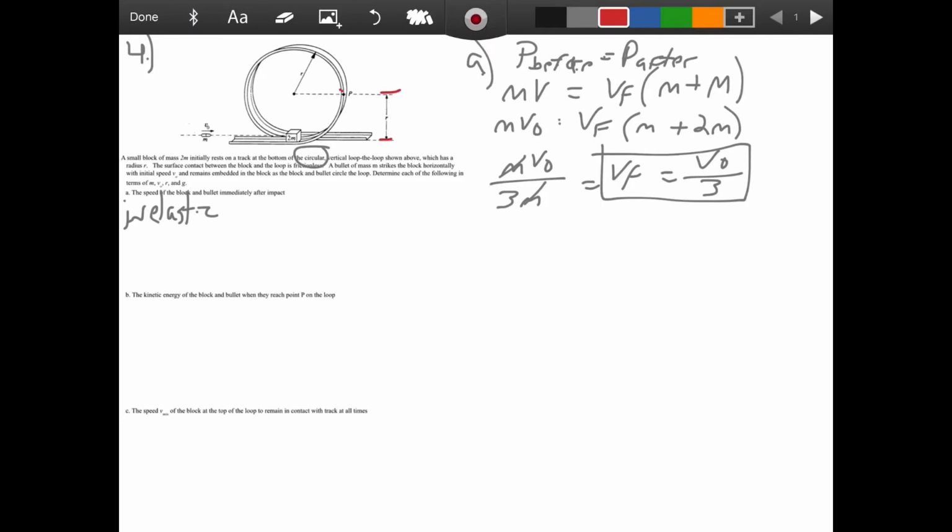So at the very bottom, it's going to be all kinetic. And then as it transfers energy from kinetic to potential, at point P, we're going to have both kinetic and potential. So again, for part B, we could do EI equals EF, where initially it's all kinetic. And then at point P, let's call it the kinetic at point P plus the potential at point P. And we just found the speed.